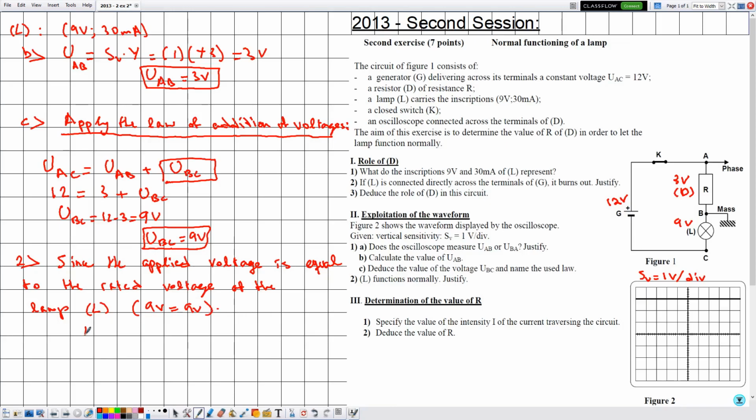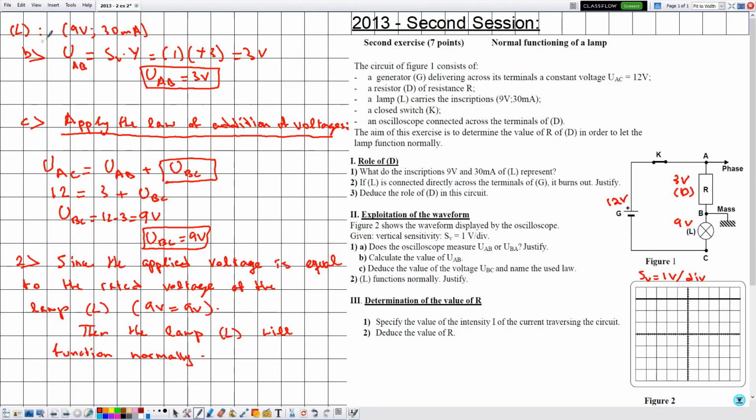For this reason, then the lamp L will function normally.